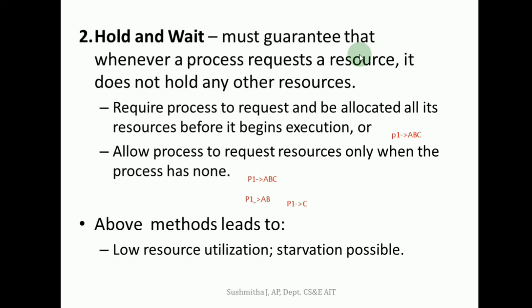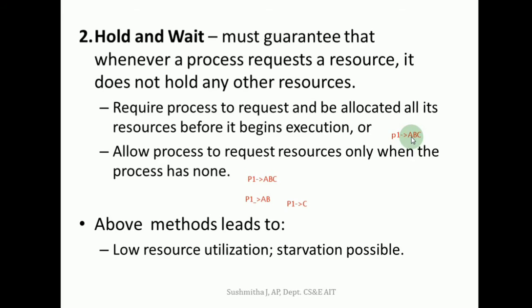Now both of these protocols lead to low resource utilization and starvation as well. What is low resource utilization? Let me define these resources A, B, C. For example, there is a process that is using the memory, disk and the printer.